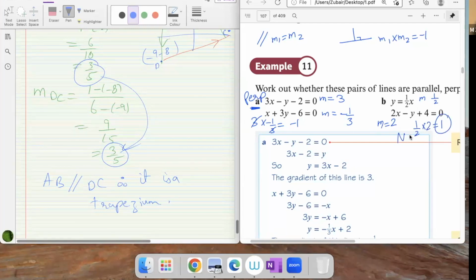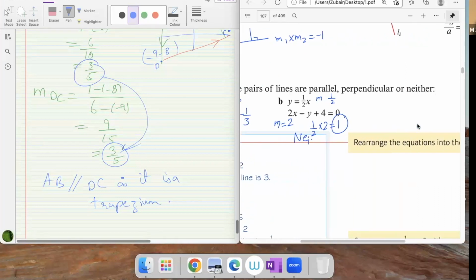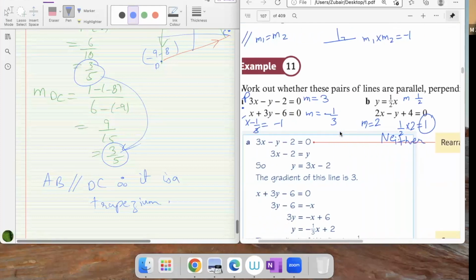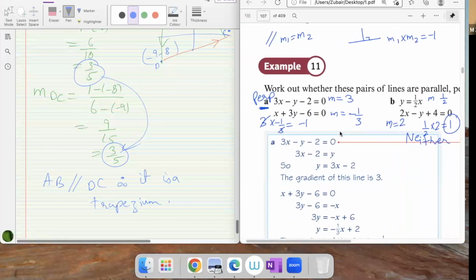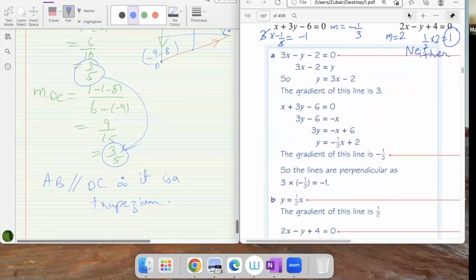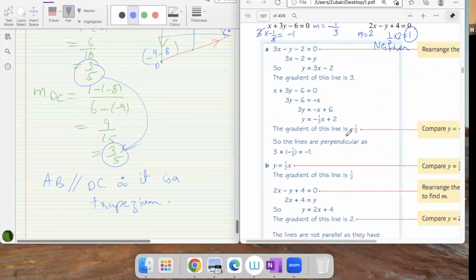So it is neither. Do you understand this point? They're not parallel and not perpendicular. Because the gradients are not the same, they're not parallel. The product is not -1, so they are not perpendicular.